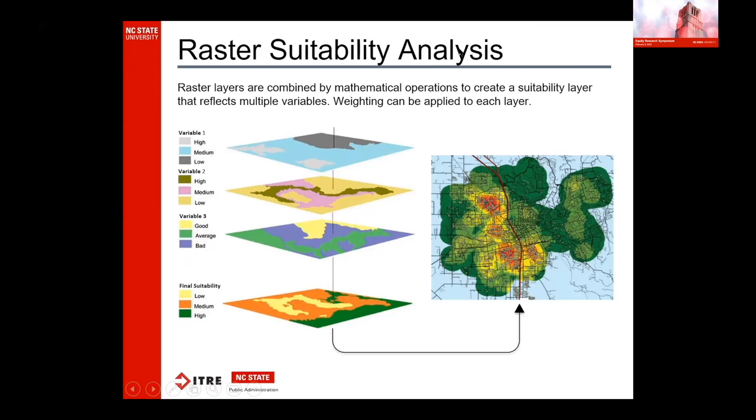And in this process, we're layering those individual layers to create a final suitability layer, a single value that reflects multiple variables. And we can also apply weighting to any of these individual layers. The map on the right just shows you what it might look like in a 2-dimensional form for this final suitability layer that covers part of an urban area there, where low suitability might correspond to dark green, and higher might correspond to the red.